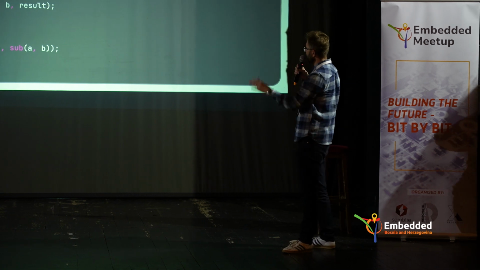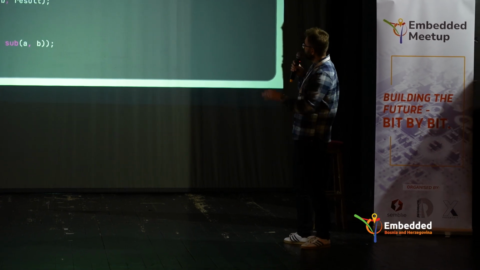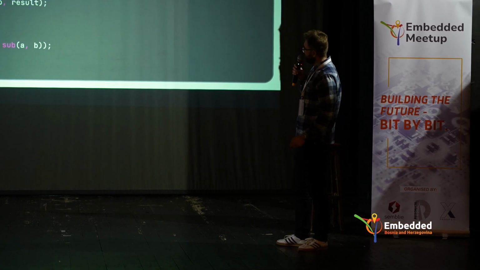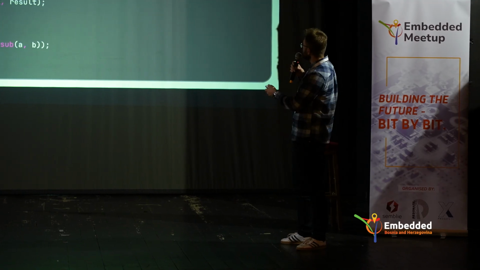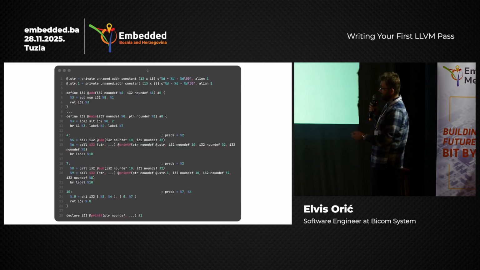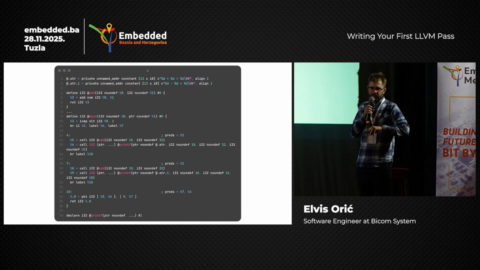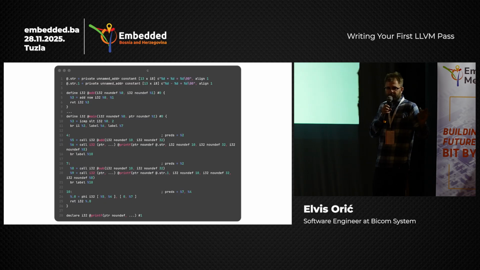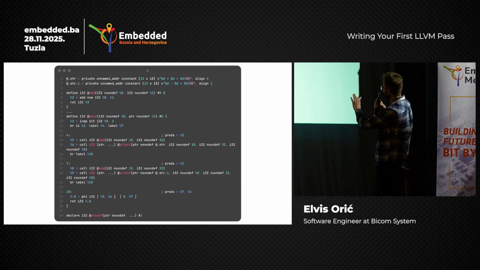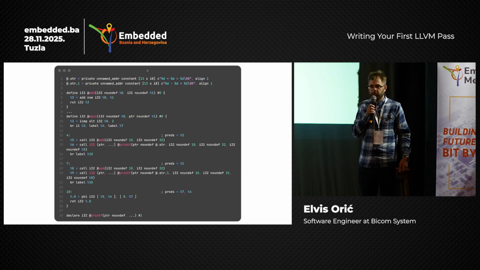We have simple C code here, and here we have the intermediate representation. It's some kind of language, and this is the human readable form.